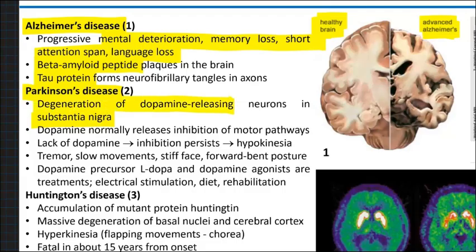Well, if the neurons that produce dopamine are destroyed, dead, for some reason, that dopamine isn't produced, the inhibition by basal nuclei stays in place, and people develop hypokinesia. Parkinson's is a disease of too little movement.